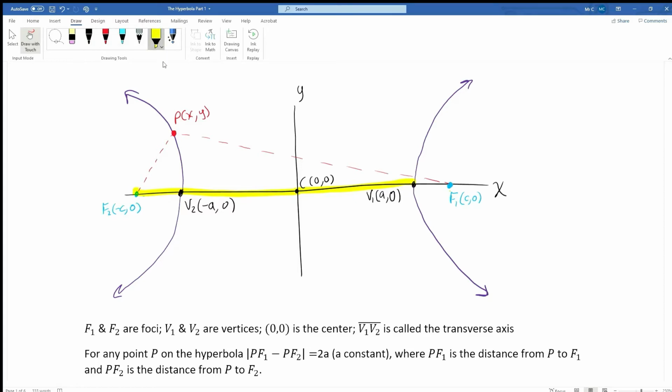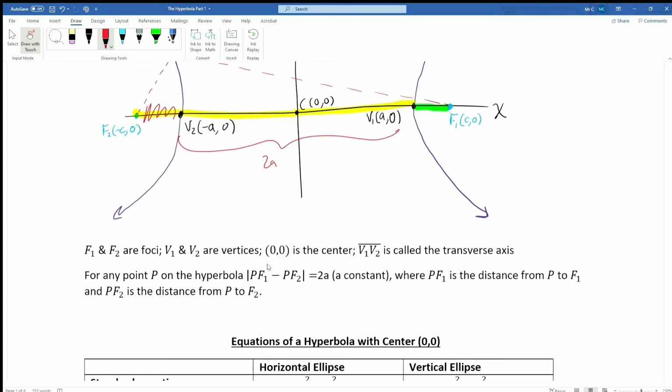And if I subtract the distance to F1 here, what I've really done is canceled out this part here by subtracting that green part, and the distance that's left over is 2A. So that value is always 2A, and that'll come up in some application problems.